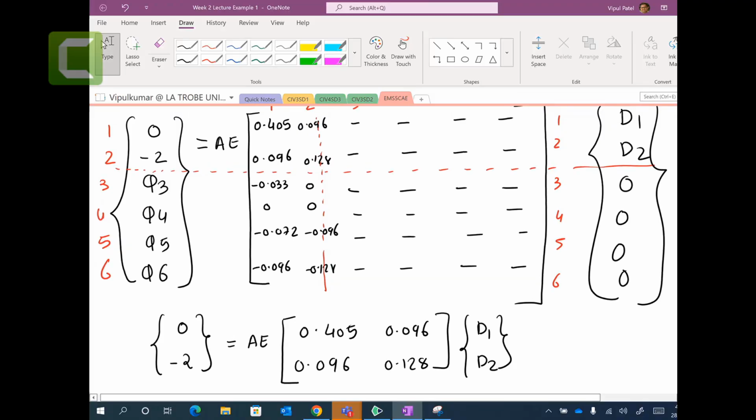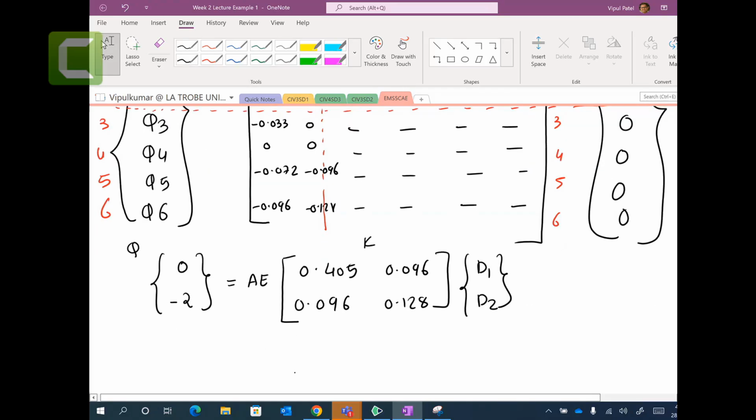I just extracted the top part of Q, this is Q, but only Q1 and Q2. That is a 2 by 2 matrix respectively. That is K, and that is your D1 and D2. Now you can see we have two equations and two unknowns. Right? So far so good.